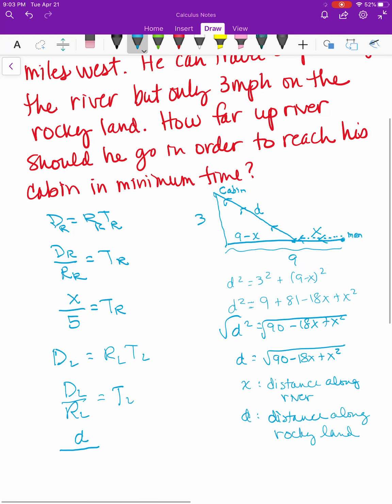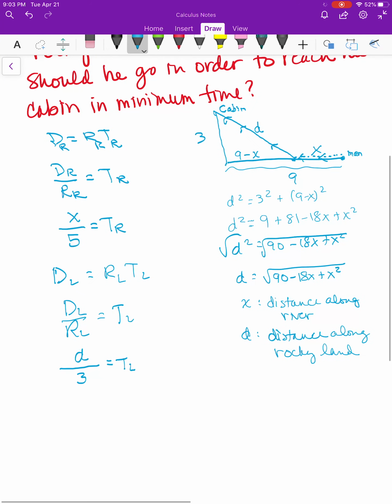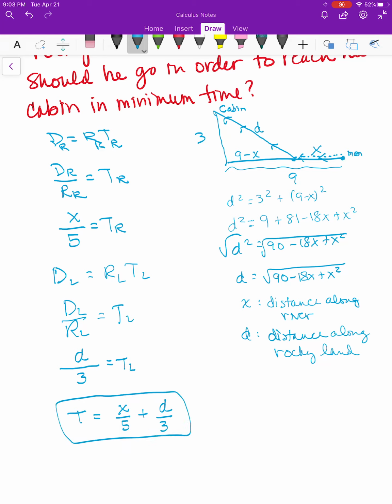And then the distance along the land is the rate along the land times the time along the land. So the distance along the land divided by the rate along the land is going to get my time along the land. And we said that the distance along the land is d divided by, it says up there in the problem that the rate along the land is 3. So that's going to give you the time along the land.